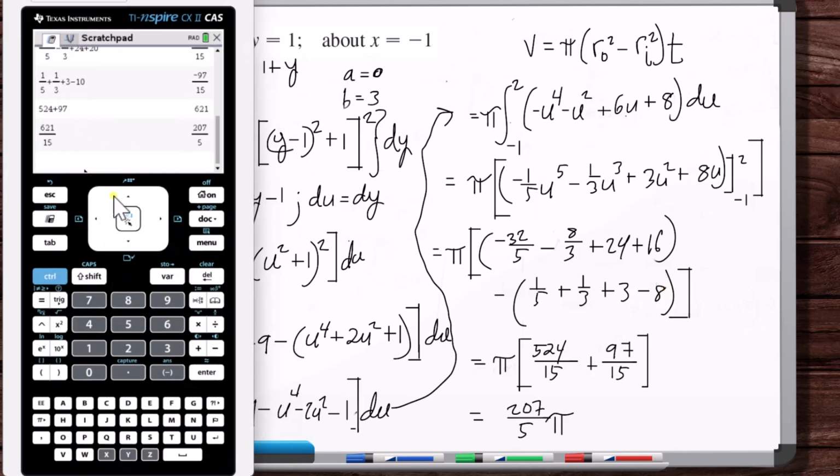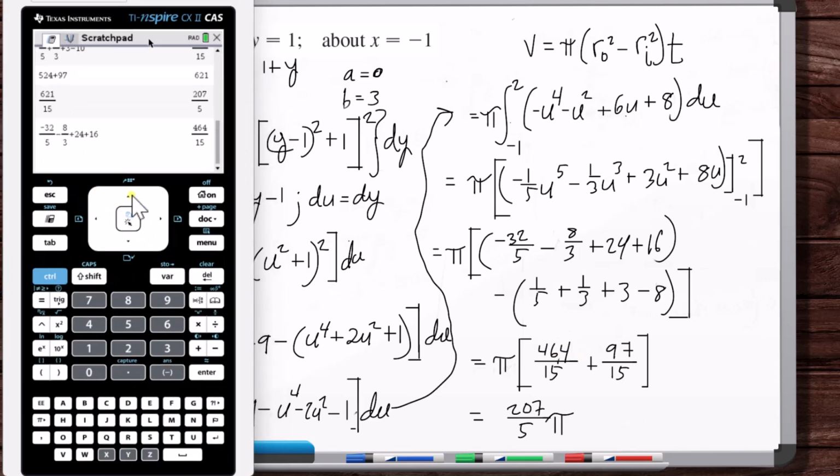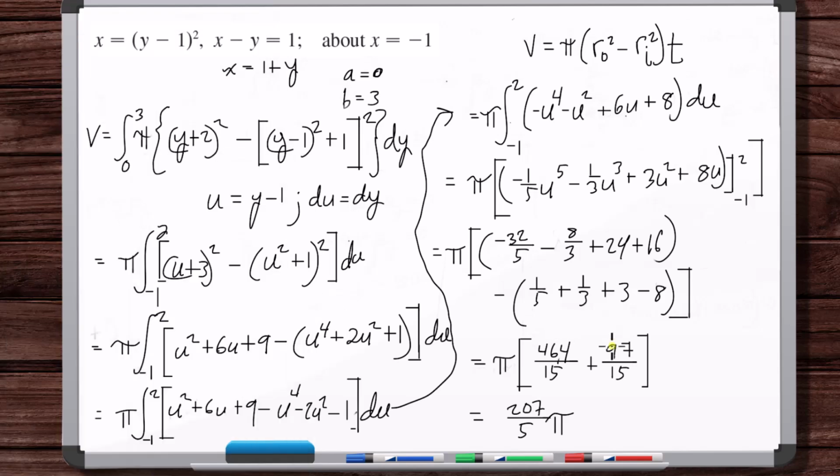So if we come back, this is 16. 464 over 15. Okay, and then 67 over 15.